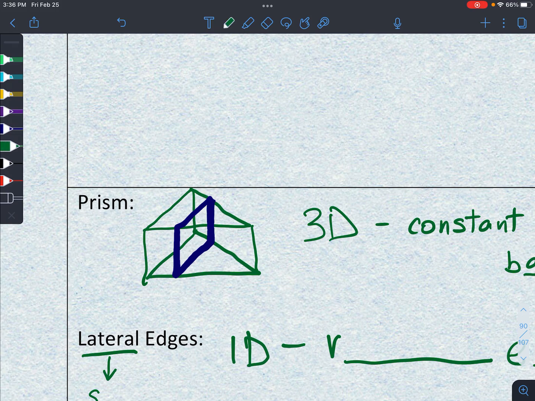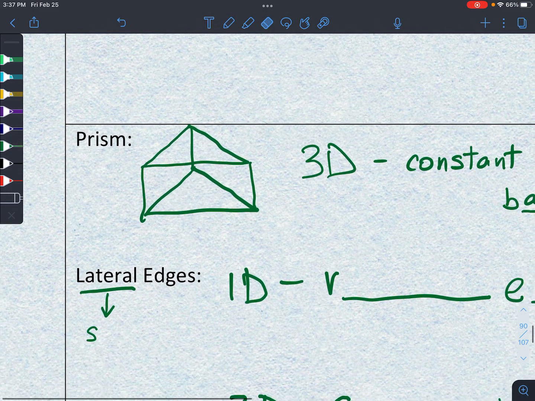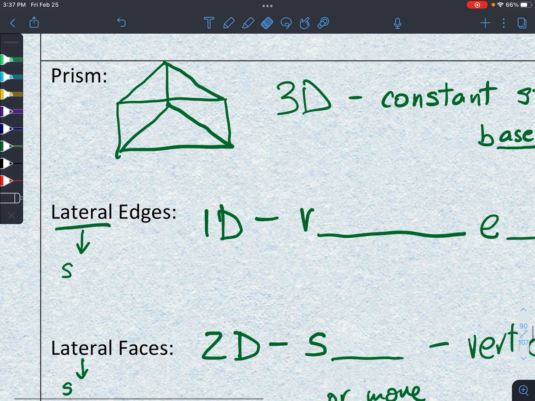And that would not remain constant, because if I cut it over here, I'd get a smaller rectangle. I could get other cross sections too, but those are the more popular ones that you would see. So prism, constant stack of bases.